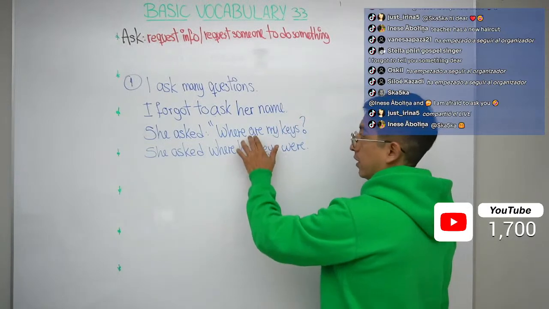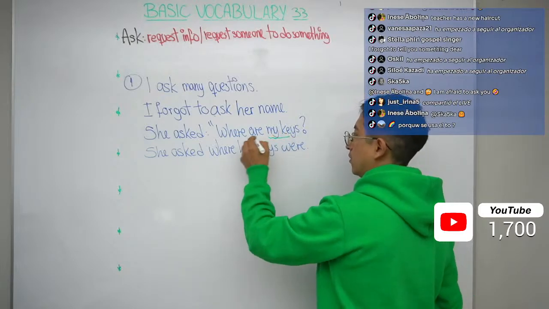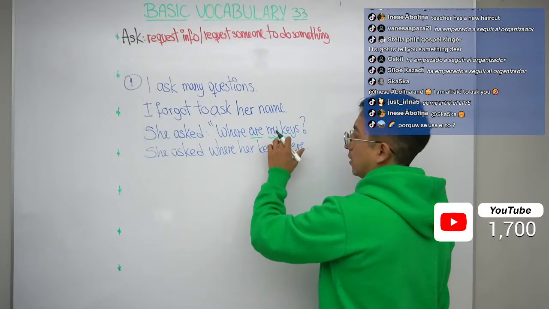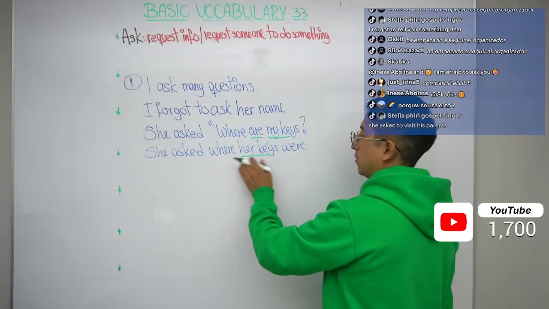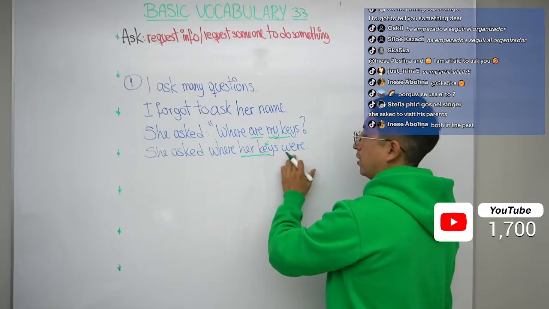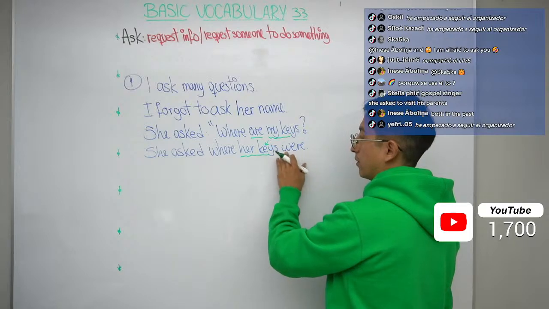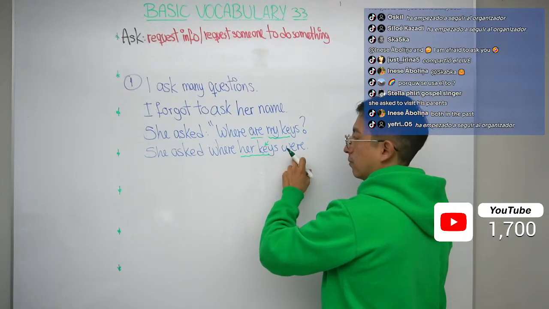Yes? So, look at this. We have the keys here and we have the verb to be here. Now, we put here keys. Okay, here. Her keys here. And then we have the verb to be. But the verb to be is not in simple present. It's in simple past. Are, where.